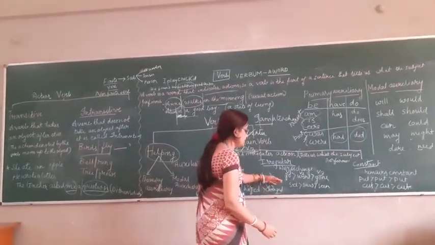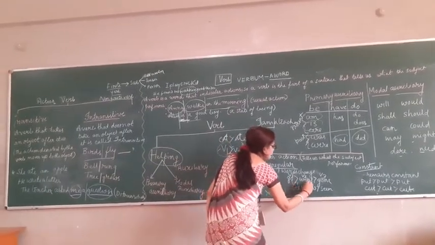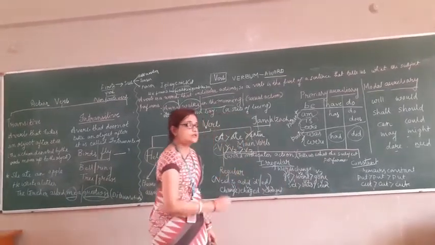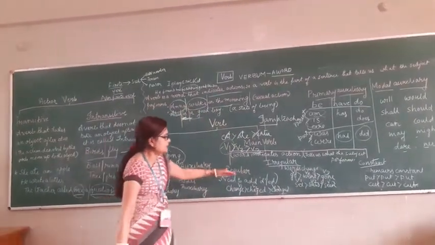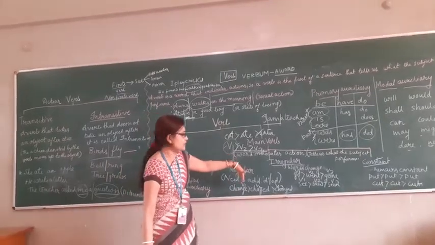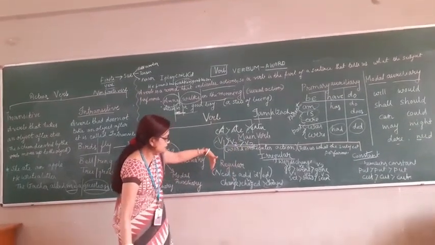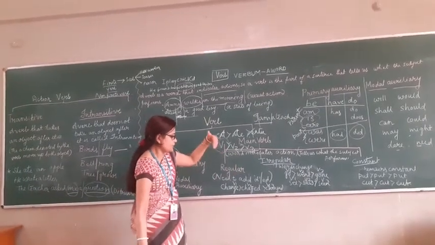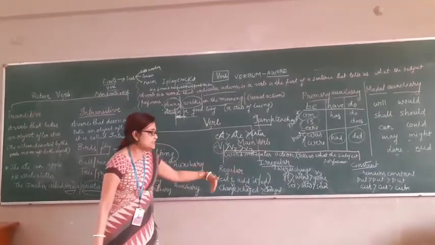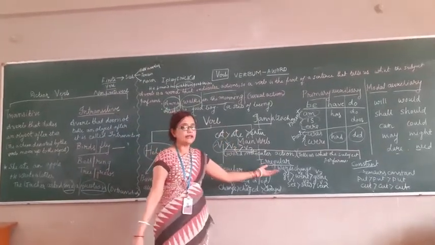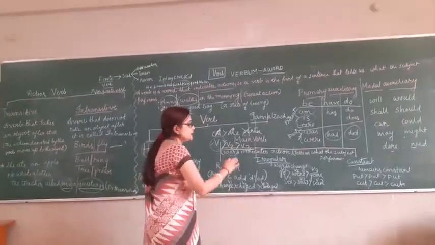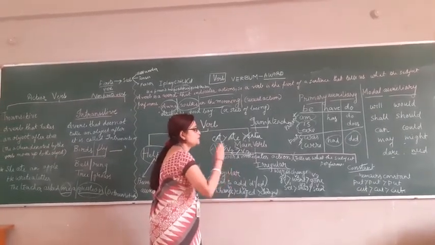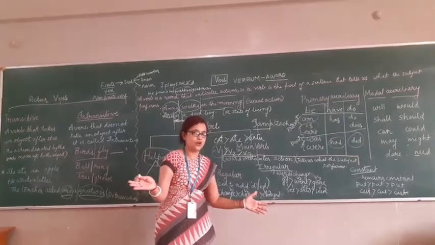So it gets changed: V1 see, V2 saw and V3 seen. So you can see the distinct features of regular verbs, where the form changes from V1 to V2 to V3 only by adding D or ED, whereas in the irregular form of verb, the entire word gets changed from V1 to V2 to V3. Am I clear or not?